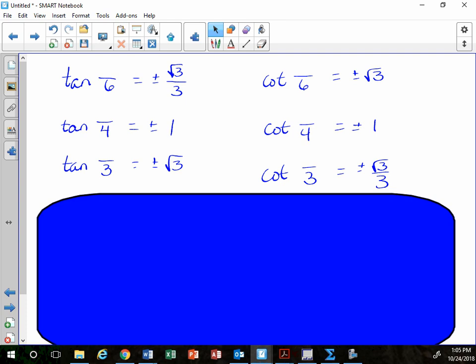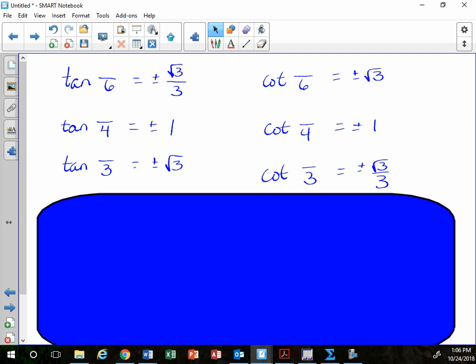So you need to start recognizing that every time I do the tangent of one of the over 6's, I'm going to get root 3 over 3. You just have to determine the sign based on what quadrant you're in. Every time it's tangent of something over 4, it's 1 or negative 1, depending on the quadrant. And tangent of any of your over 3's is always going to be root 3. And then figure out your sign.